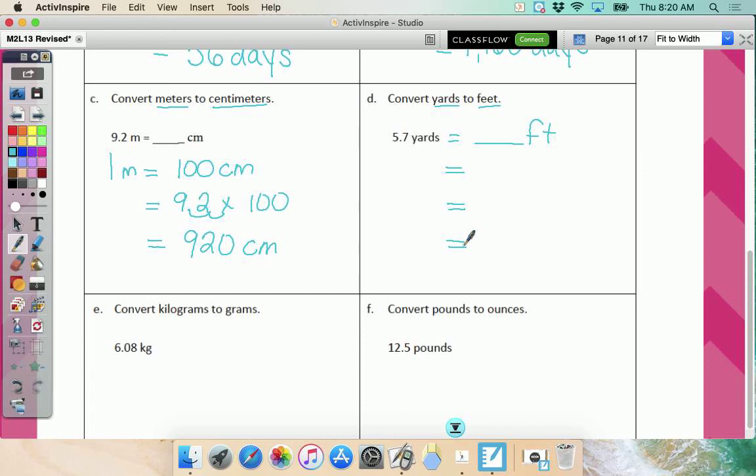Peyton, what would 1 unit be? 1 what? 1 yard. And you can write YD for that. Okay? So we have to figure out how many feet are in a yard. I'm pulling a stick. Man, how many feet are in a yard? 3. Very good.